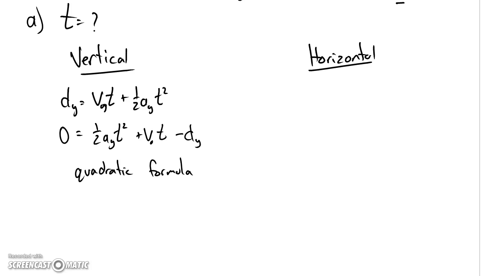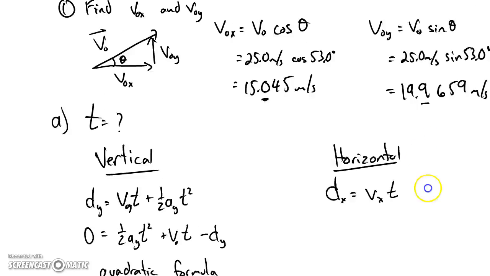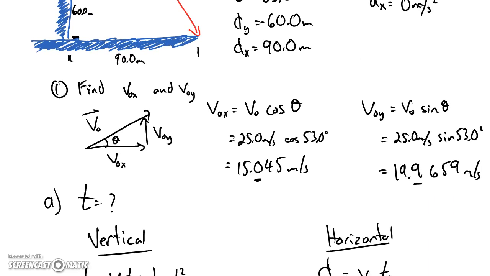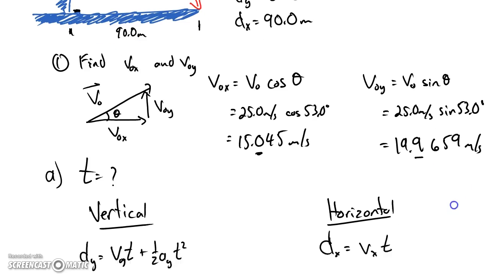Let's take a look at our horizontal. Horizontally, it's constant velocity all the time, so the only equation we have is dx equals vx t. Do we have dx? Yes, we do. Do we have vx? Yes, we do, because it's constant the entire time.